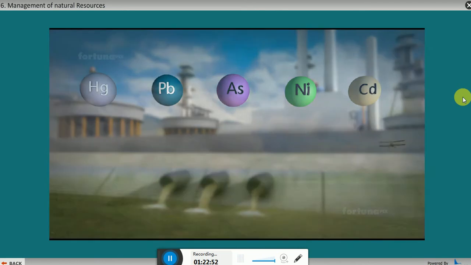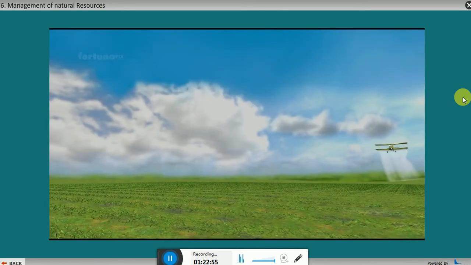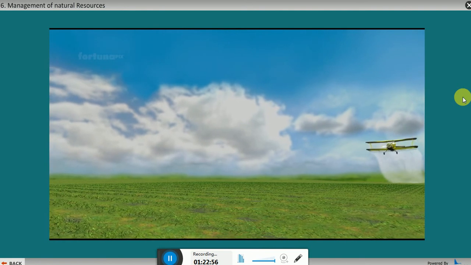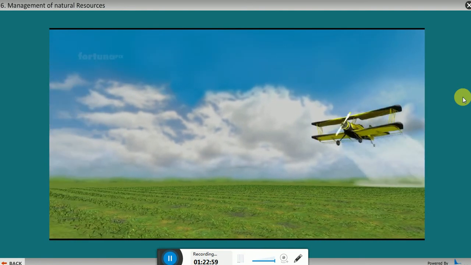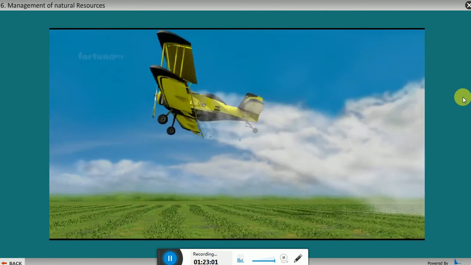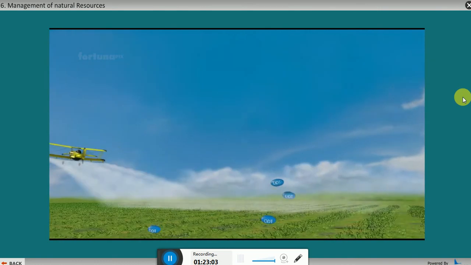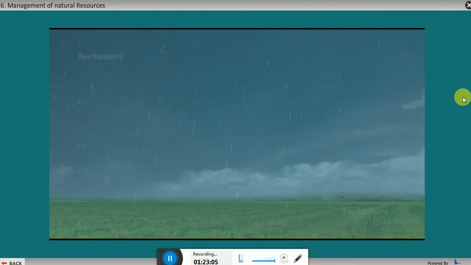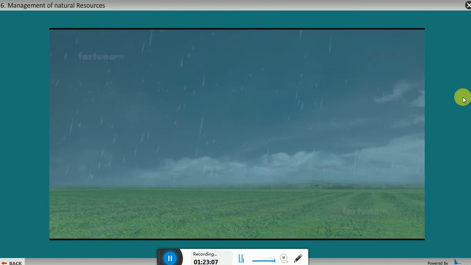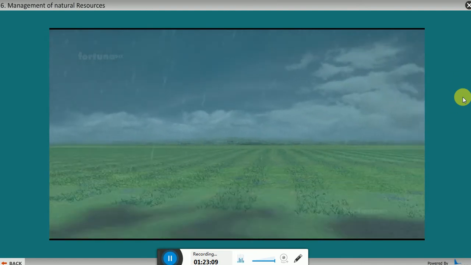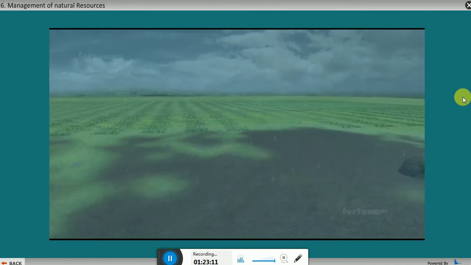Irresponsible agricultural practices may also lead to water pollution. Toxic fertilizers and pesticides applied to crops in the field will wash off into bodies of water through runoff. Fertilizers such as nitrates and phosphates will rapidly increase algae growth.